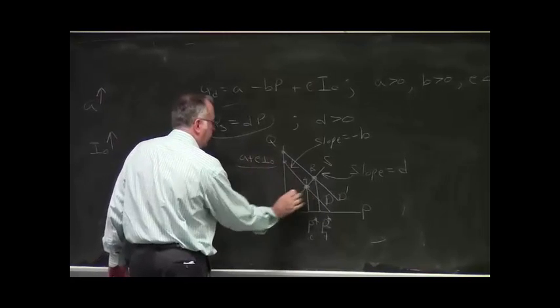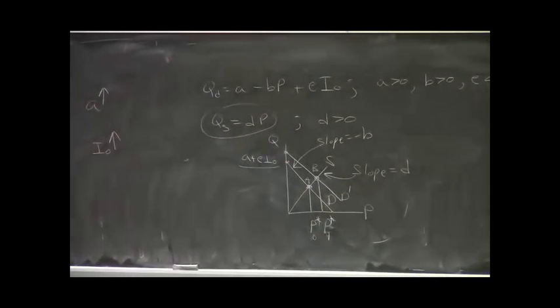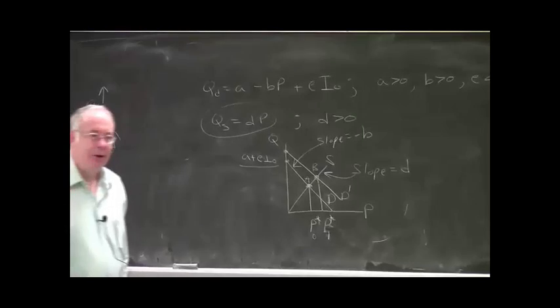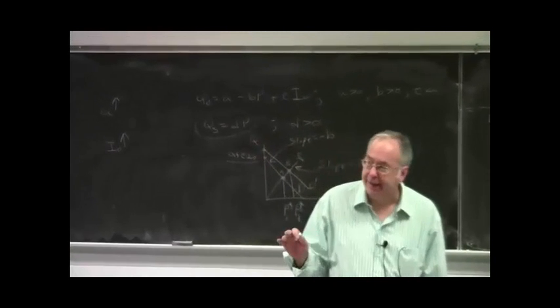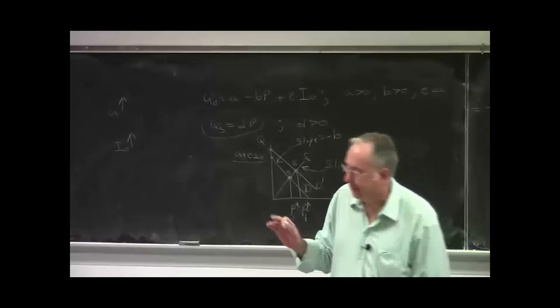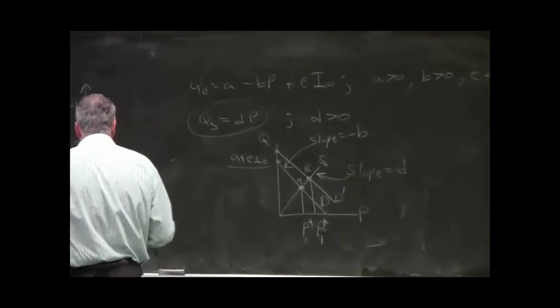This is the original demand curve. Here's the new demand curve. Well, I going up is also going to shift the vertical intercept up. Oh, I'm sorry. I made a mistake. What is it going to do? It's going to shift it down because E is negative. Okay. E is negative. So we're going to need a new diagram for this.